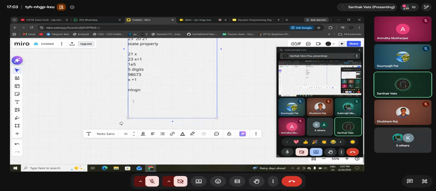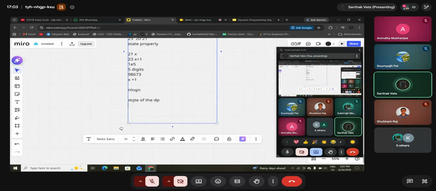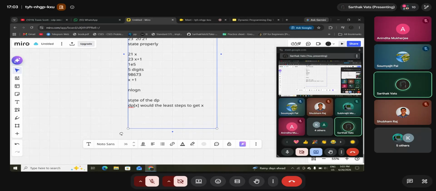So what will be the state of the DP? DP of X would imply the least steps to get X. This would be the state of DP as I mentioned. Then you can define the base case: DP of 0 is equal to 0.